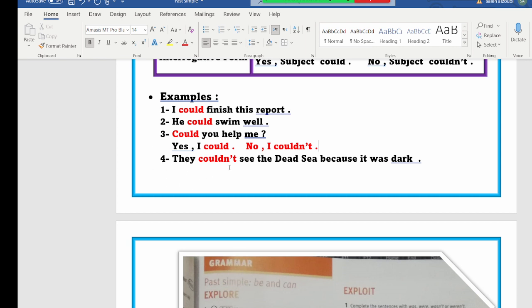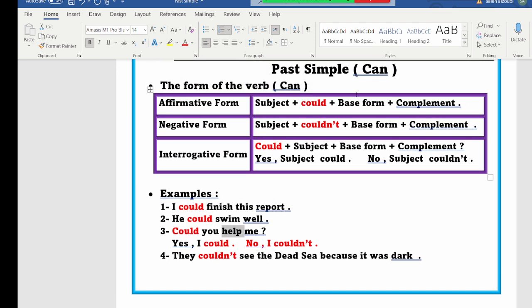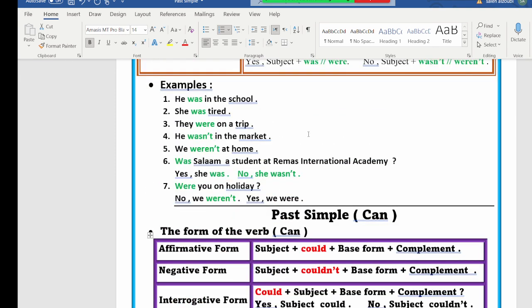Last one: They couldn't see the Dead Sea because it was dark. They couldn't followed by see. Swim. Finish. Help. The base form of the verb is the bare verb. Okay, done with it.